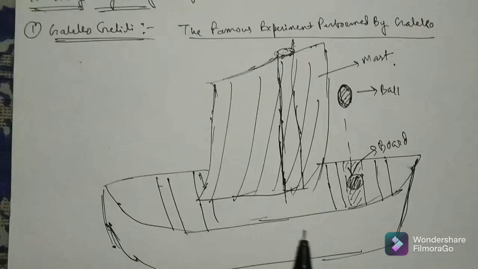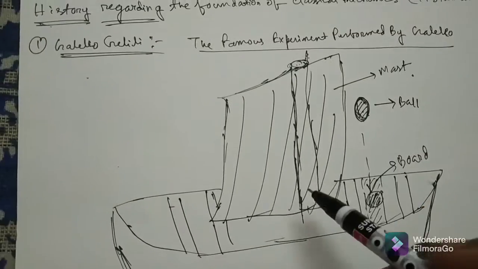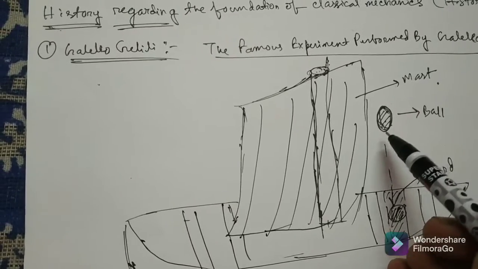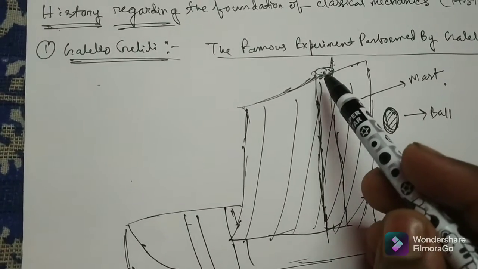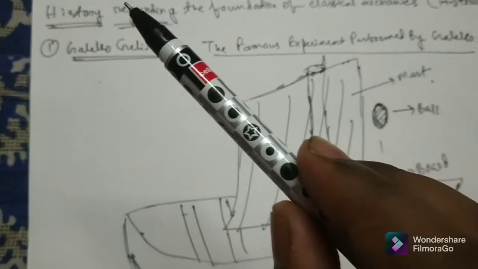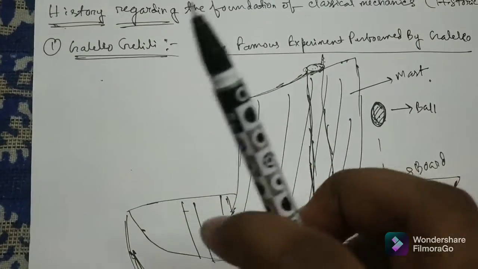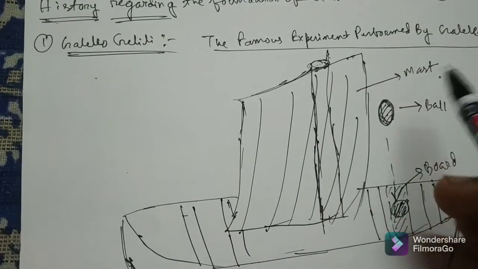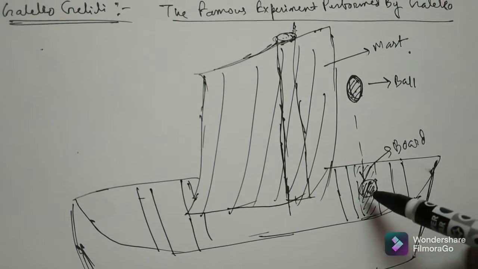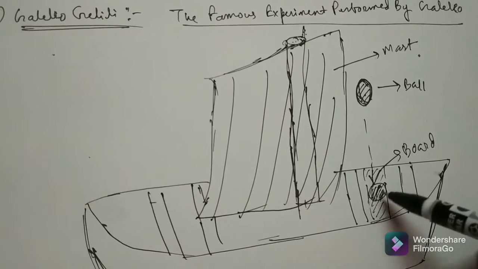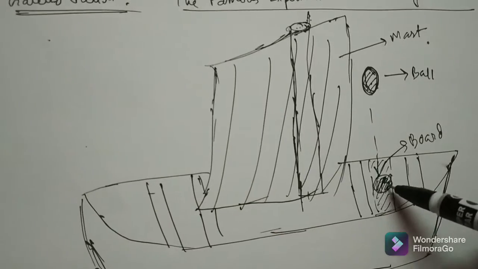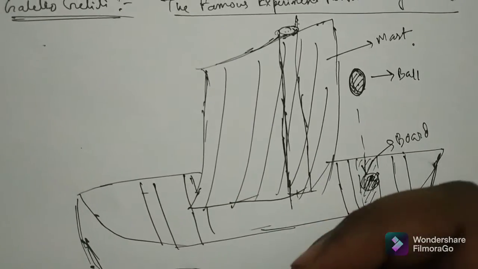While he was traveling, he climbed up with a ball, maybe made of iron. He went up the mast of the ship, and he just dropped the ball vertically downwards. He didn't throw it, he just dropped it, and it fell somewhere here, and he marked this point as the position where the ball fell.